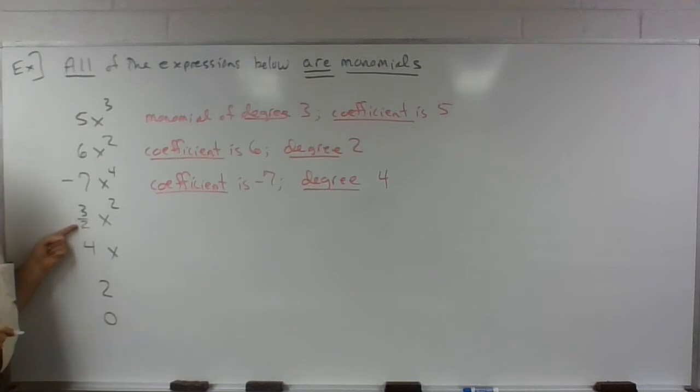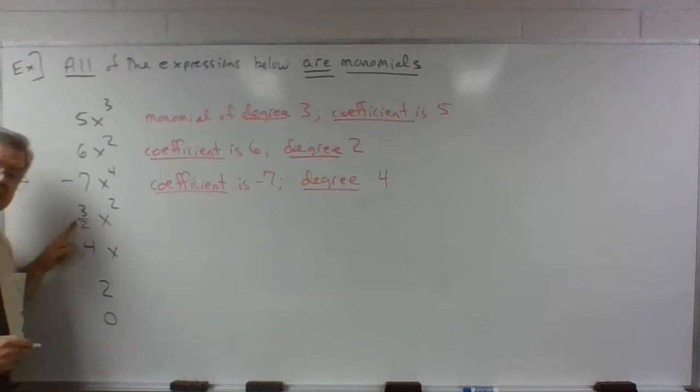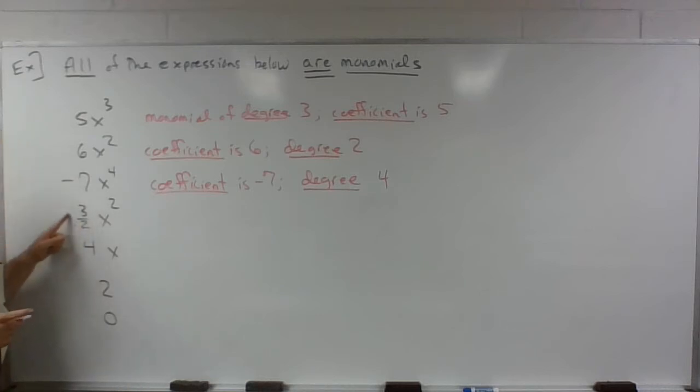Now what about this one? We have 3/2 out front. That's not a whole number. The constant coefficient doesn't have to be a whole number. The coefficient can be any real number.